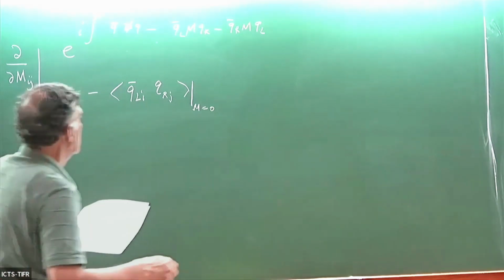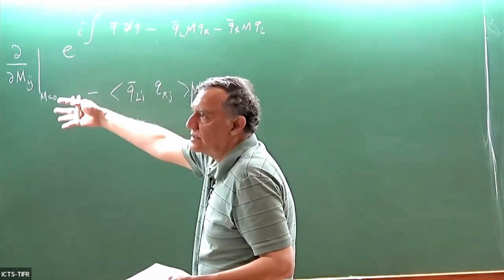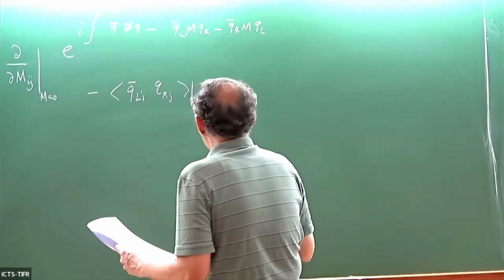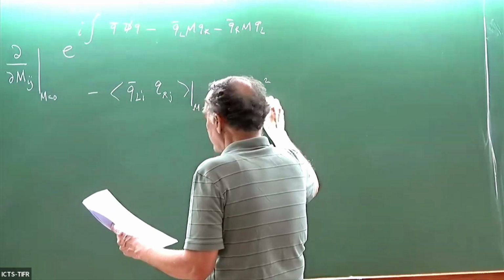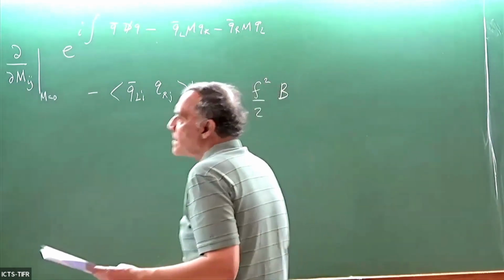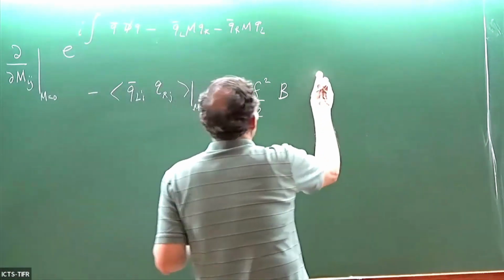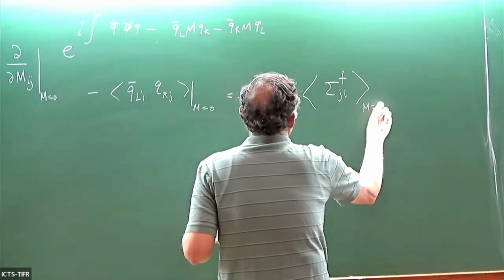And the EFT is reproducing the mass dependence, all the low energy dynamics of the M. So the EFT calculation gives me f squared over 2 B, and then if I differentiate the M here, I just pick out sigma dagger ji. So I get the expectation value of sigma dagger ji in the massless theory.